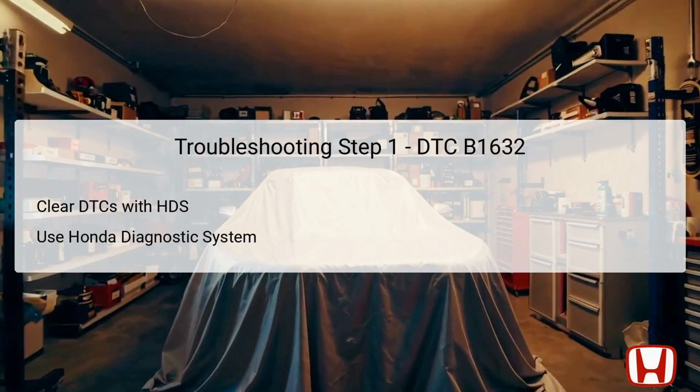The first troubleshooting step for DTC B1632 involves clearing any stored diagnostic trouble codes, DTCs, using the Honda Diagnostic System, HDS. The HDS is a specialized tool used to diagnose issues within Honda vehicles.